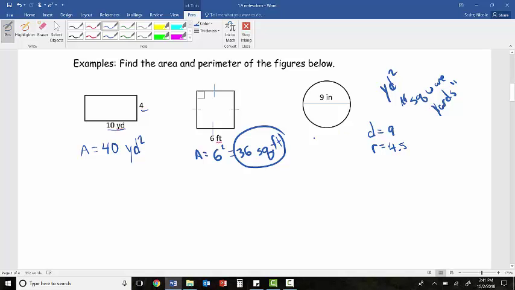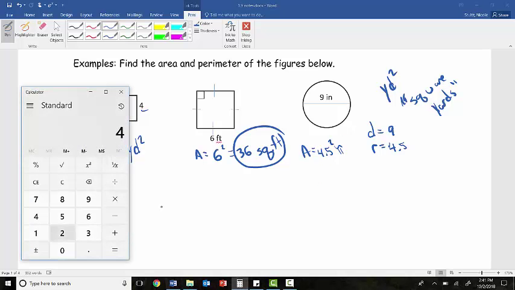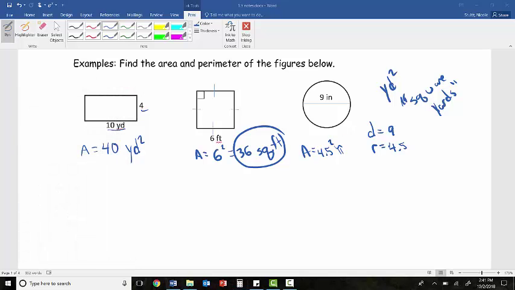So for area, we're going to do 4.5 squared pi. 4.5 squared is going to be 20.25. All you have to do is write 20.25 pi and then square inches. And that's your area. So just leave pi in it.